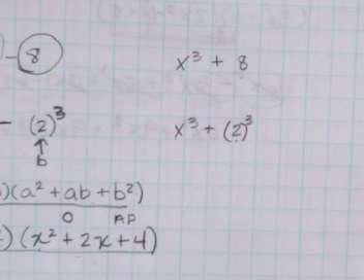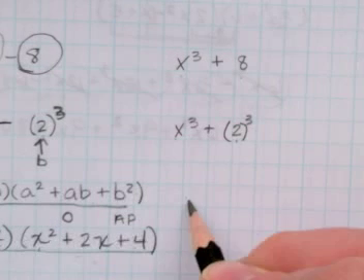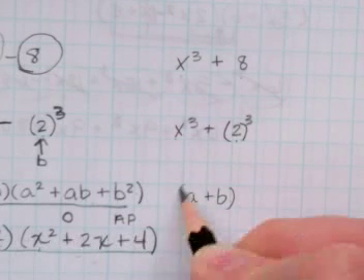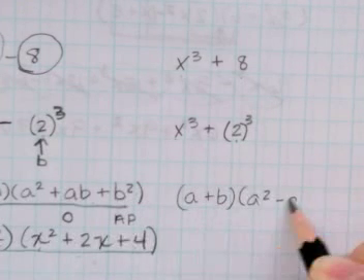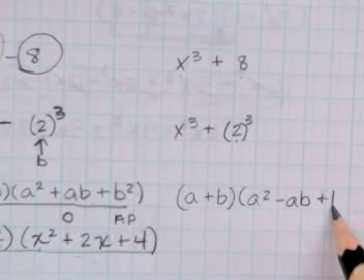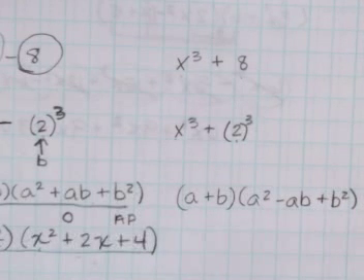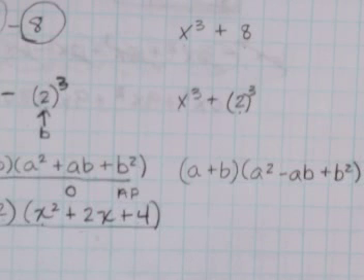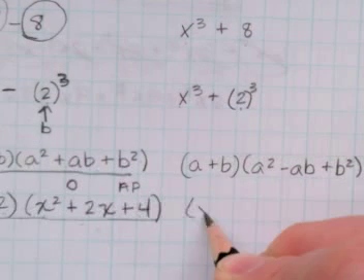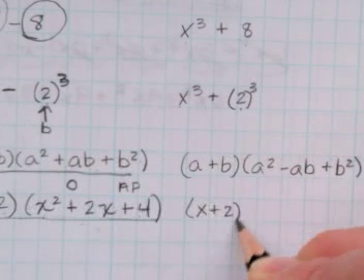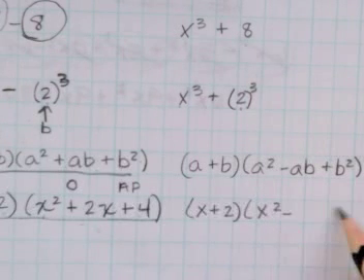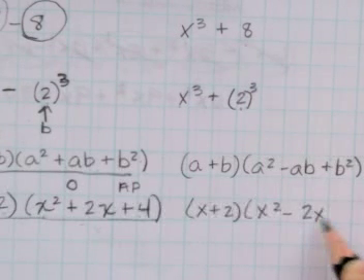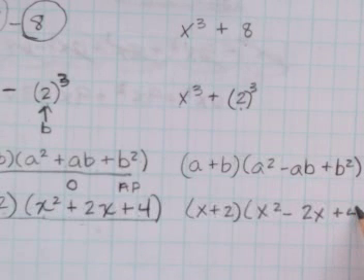And our formula looks like A plus B times A squared minus AB plus B squared. And now we can simply substitute A and B into the formula. So we end up getting x plus 2 times x squared minus 2x plus 4.